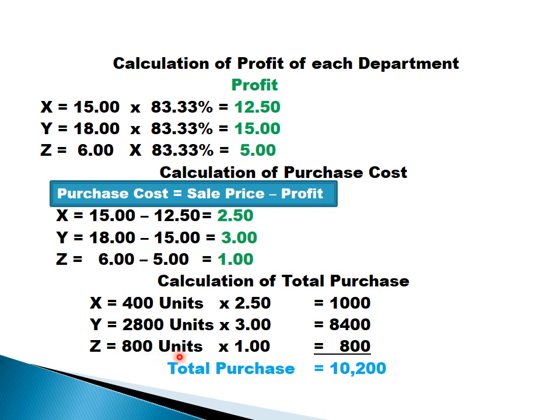Z, 800 units into 1 rupee purchase cost is 800. If you total, you get the question answer 10,200. Thereby we can prove that our calculation is correct. To brief, students, first find total profit, find profit of each department, find the purchase cost of each department and the total purchase of each department.